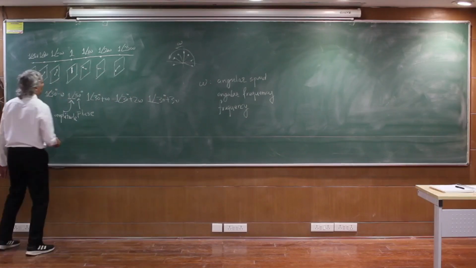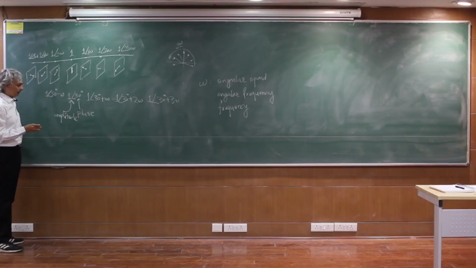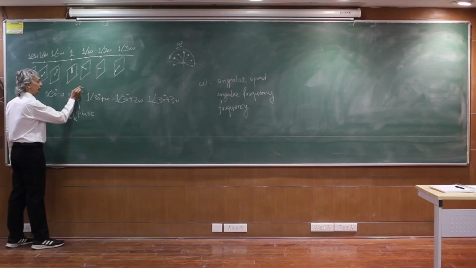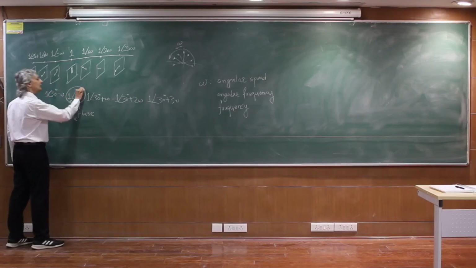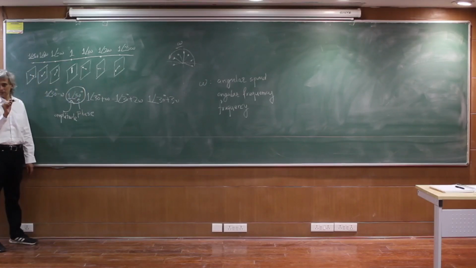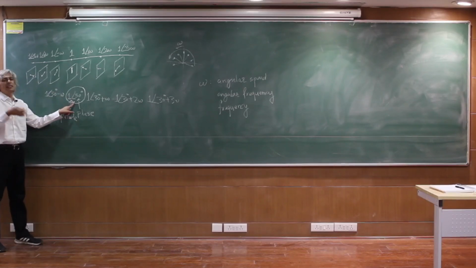Now, when you are doing this in complex numbers, the amplitude and the phase can actually be represented as a single complex number. Sometimes you will call this the complex amplitude.